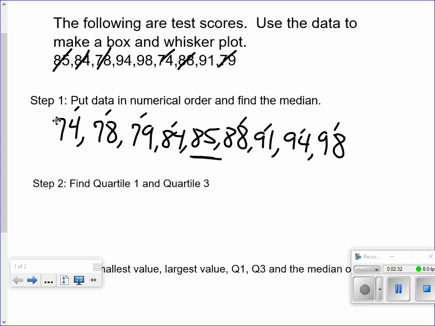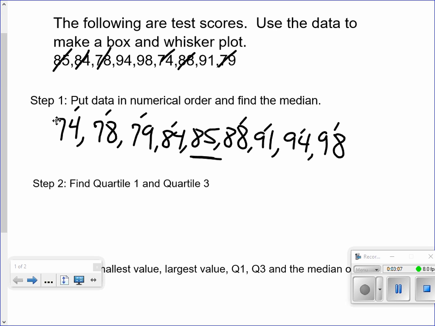Step number 2, find quartile 1 and quartile 3. Now, first of all, if you don't know what a quartile is, you might want to write this down. Quartile 1 is the median of the first half of the data.